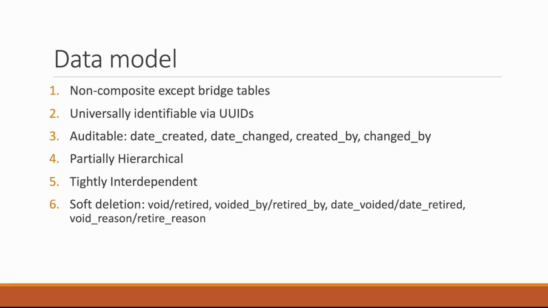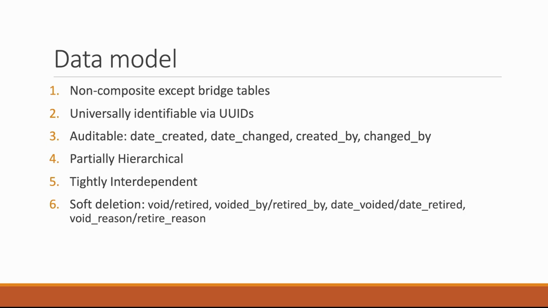When you void a row, OpenMRS assumes that this record is now deleted. This is called soft deletion. A voided record will not be shown anywhere unless you explicitly tell OpenMRS to return the voided results as well. Unless you say that, OpenMRS assumes these rows to be deleted entirely.